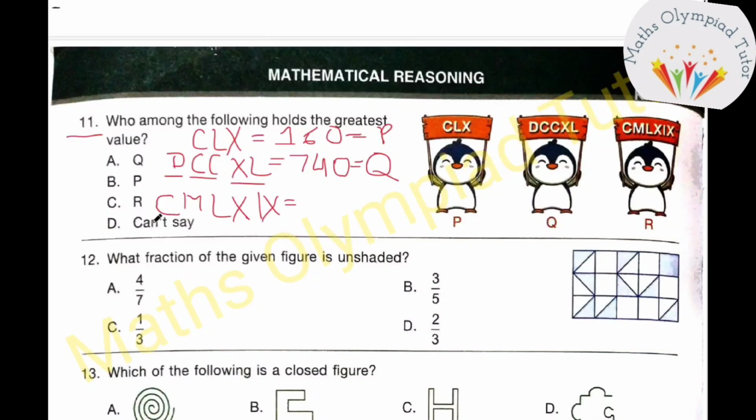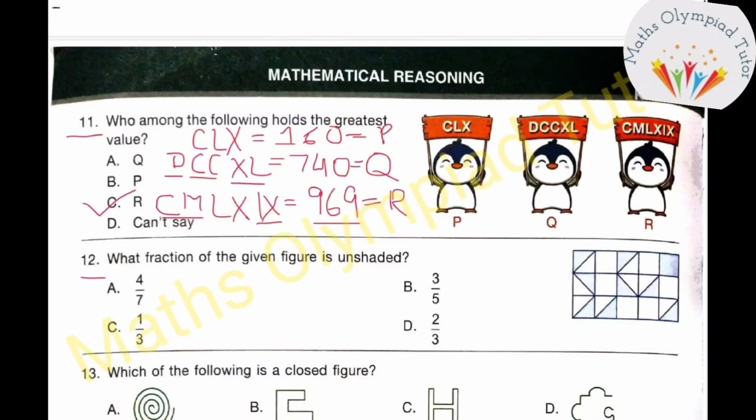So again C is 100, M is 1000, so CM is 900, L is 50, X is 10, IX that is 9, so the total value here is 969, which is the value of R. Now we can easily compare which is the greatest value here, R, which is 969, so we'll select option C here.